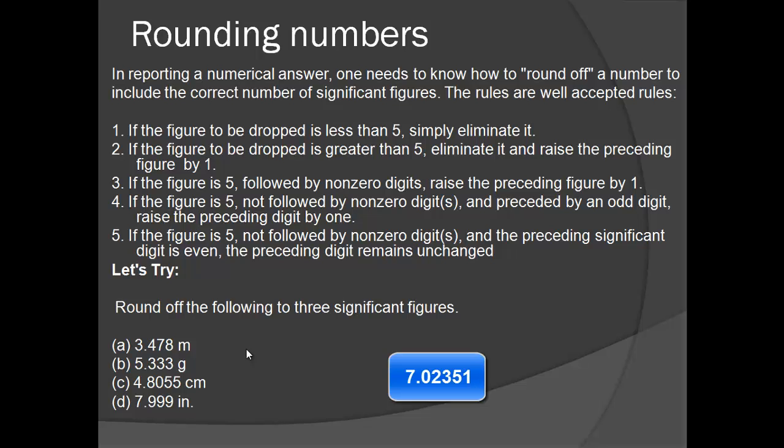But that 5 is still followed by non-zero digits. So I would basically raise the preceding figure, and the preceding figure means the figure before the 5. I would raise it by 1. So my final answer would be 7.024. Because again, I wanted to round it off to 4 SigFigs, and the number after the 4th SigFig is a 5, but the 5 has numbers after it, so I got to raise that 3 up to a 4.